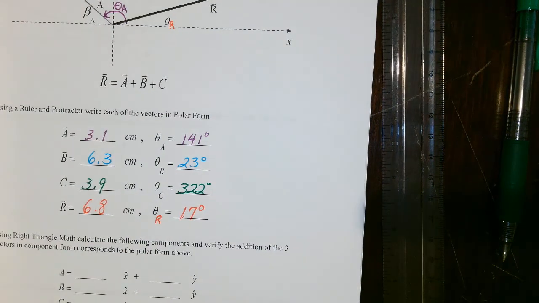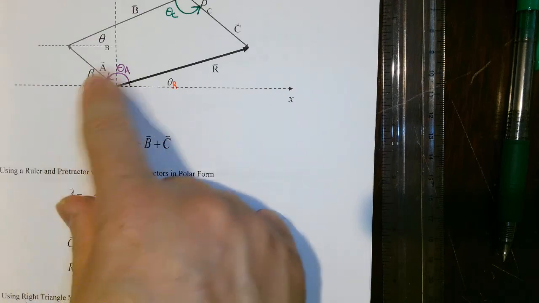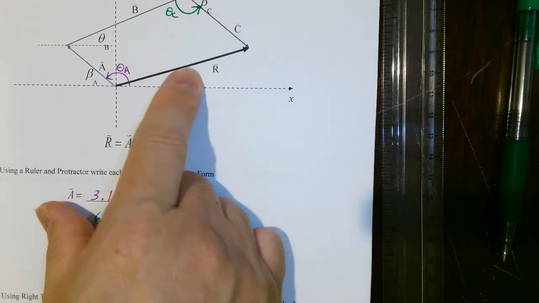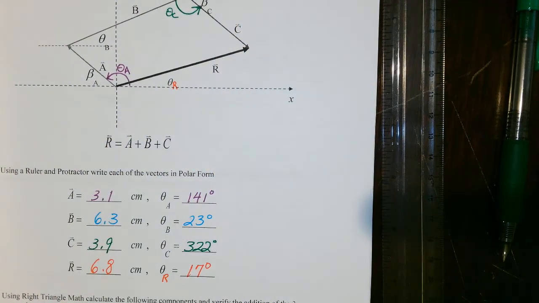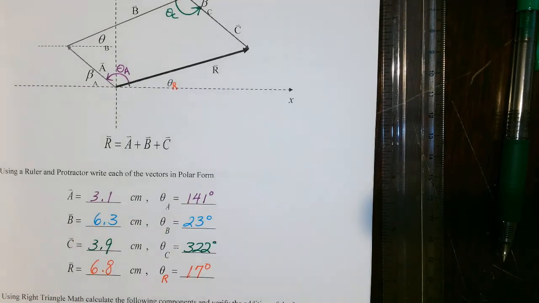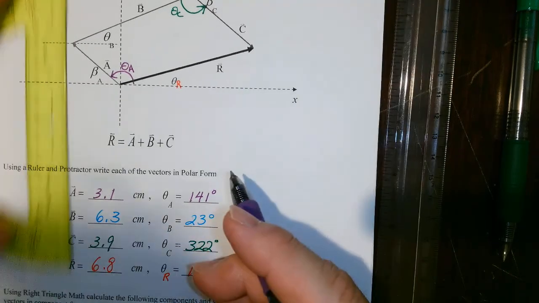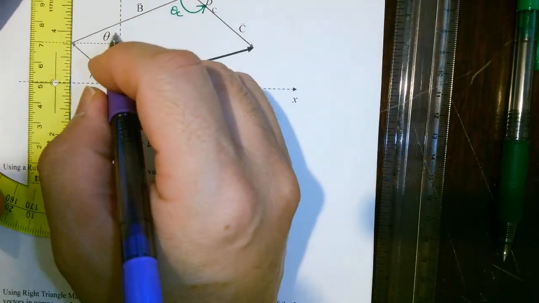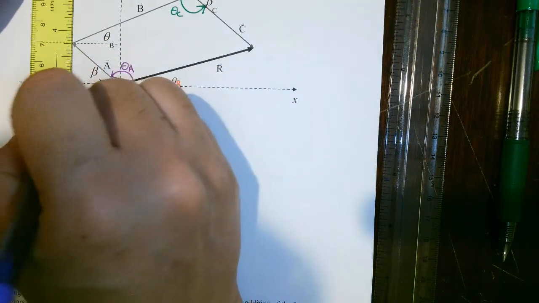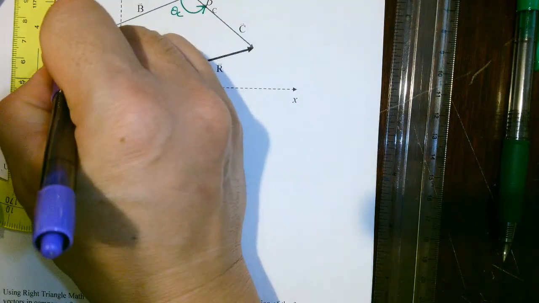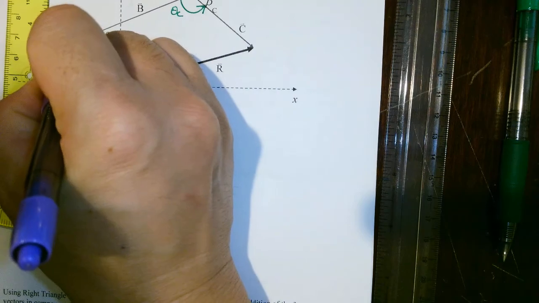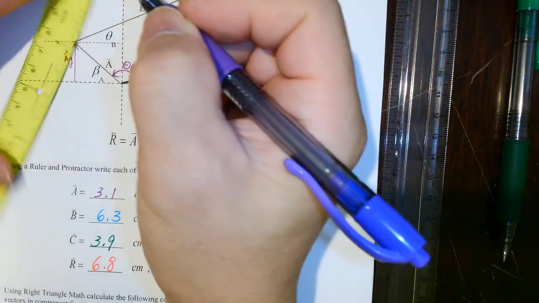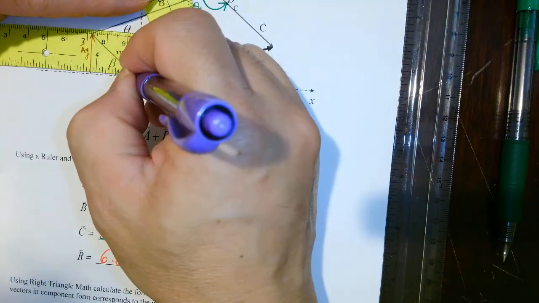So, here's what you need to do. I need you to break up these A vector, B vector, C vector, and R vector into their components. So for example, here, this will be your AY, and then this will be your AX.